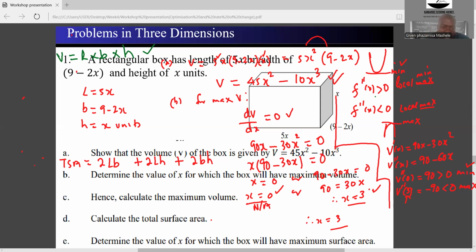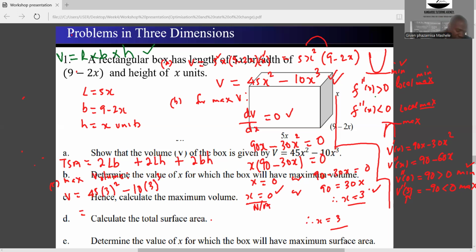So this is number C. Maximum volume now. What will be the maximum volume? So where there is x, we substitute by 3. So we're going to have 45 into 3 squared minus 10 into 3 cubed. We substitute into the original equation for the volume.